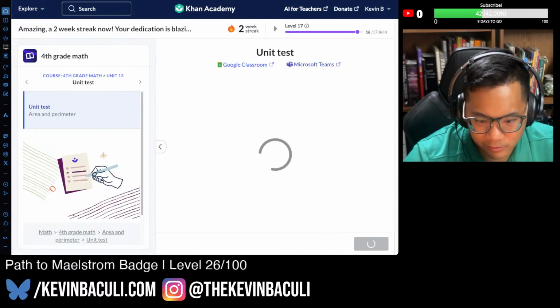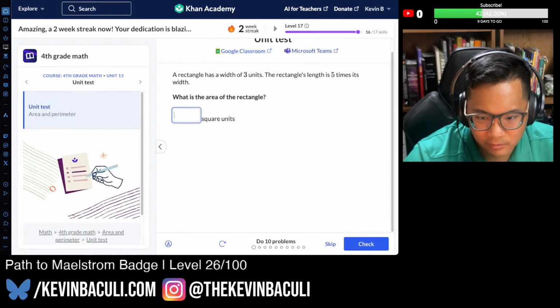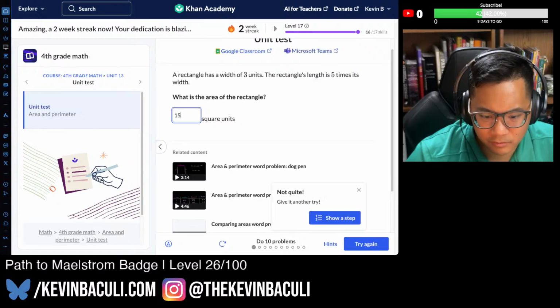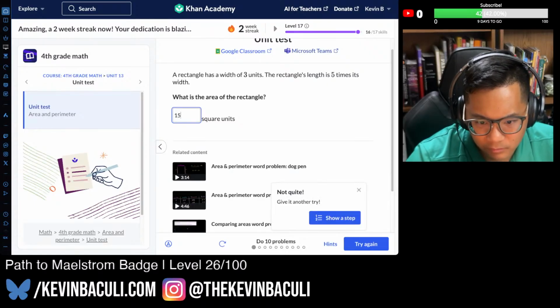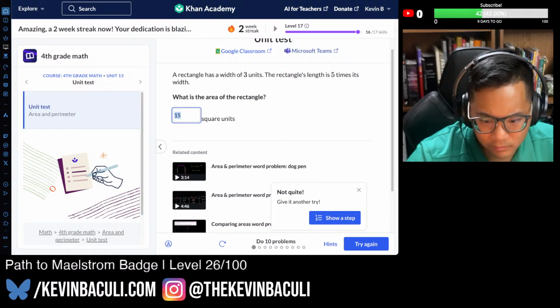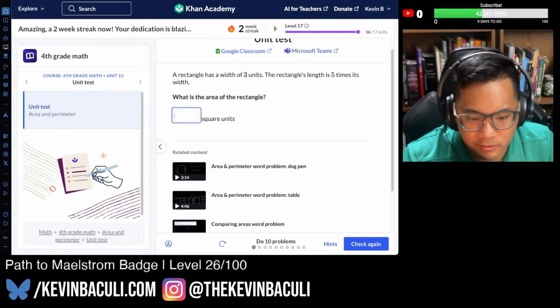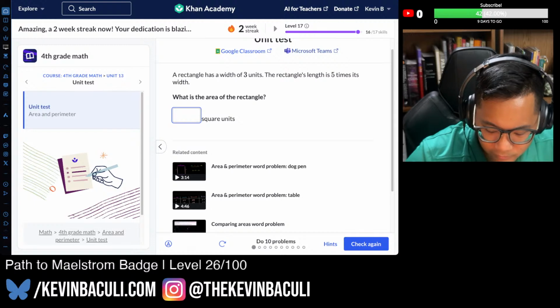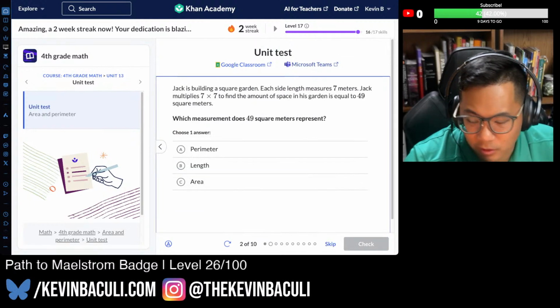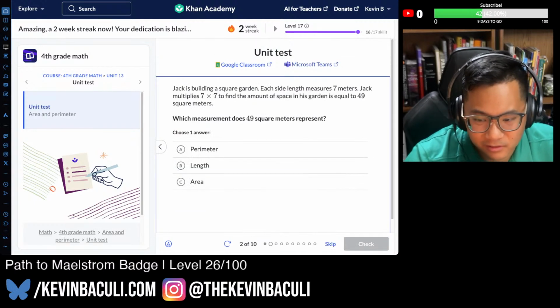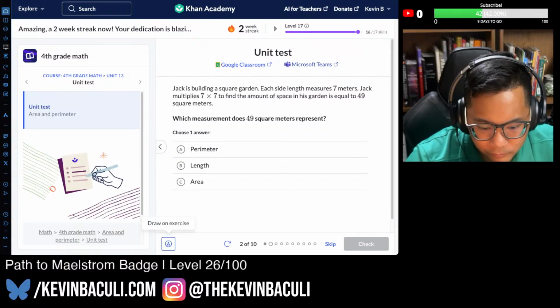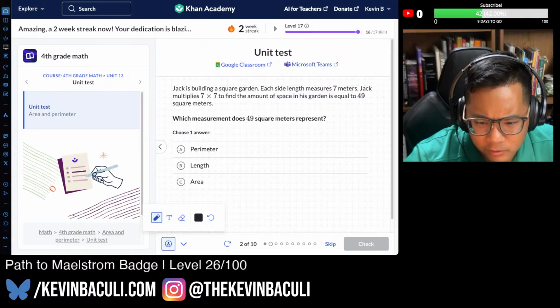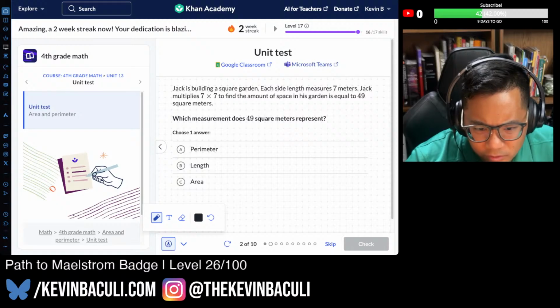Oh, so 3. 13. Damn, the rectangle has a width of 3 units. 15, 45. I just saw 5 and 3 and multiplied that. Square garden. Check, multiplies.